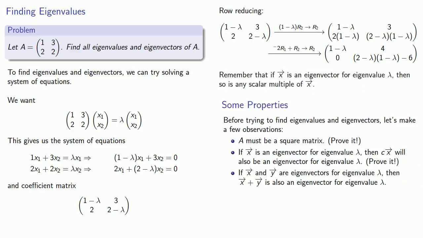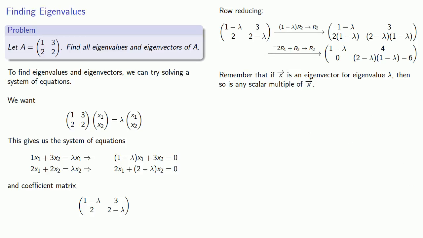And remember that if x is an eigenvector for eigenvalue lambda, then so is any scalar multiple of our vector x. And that means there's going to be an infinite number of solutions x1, x2, and so we must be able to parameterize these solutions. We need to have at least one free variable. Well, the only way that can happen is if we have a row of zeros someplace.